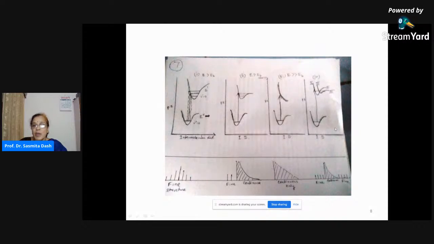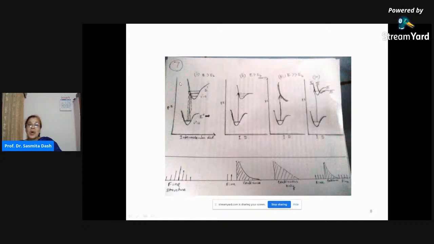This particular phenomenon is named pre-dissociation of molecules. When we look at the spectra of this kind of phenomenon, we first come across a fine spectrum appearing in the beginning. Then there is a continuum because of the dissociation. And again, we may also find a little bit of fine spectra following the continuum.